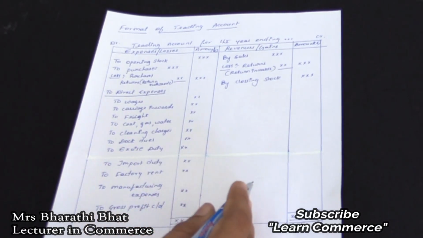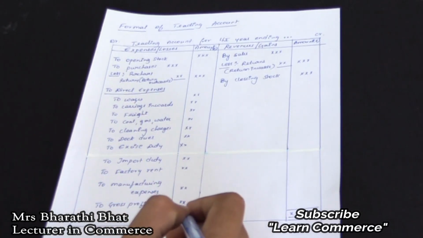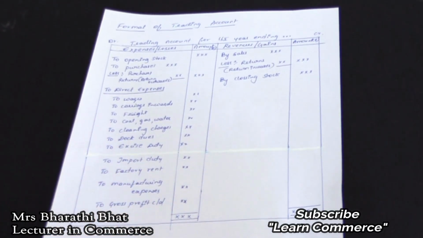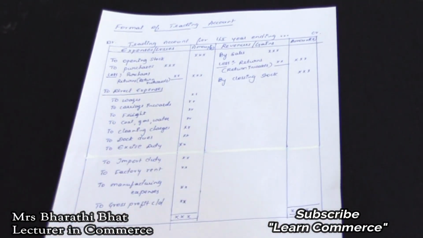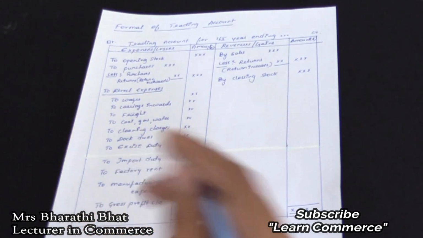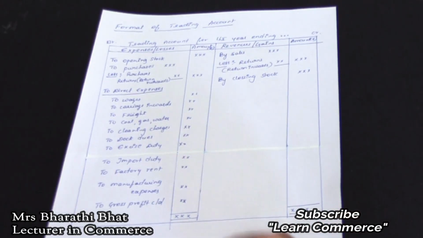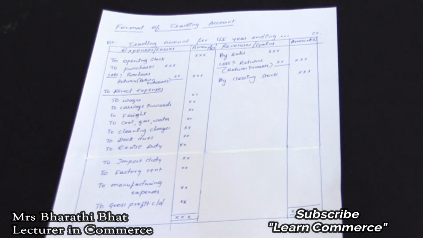If gross profit is found in the accounting period, we record it on the debit side of the account as "to gross profit carried down", and carry that amount forward to the next account, which is the profit and loss account.